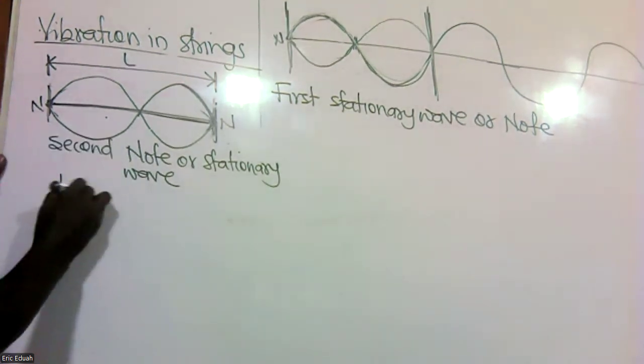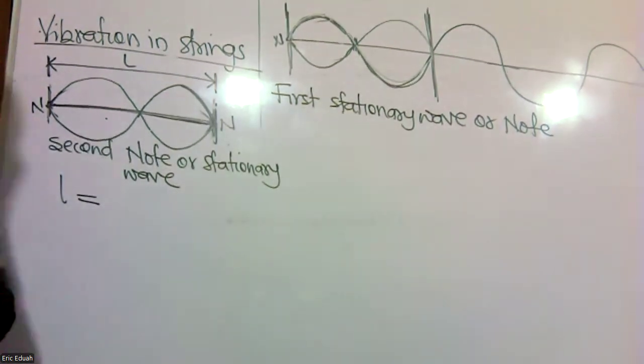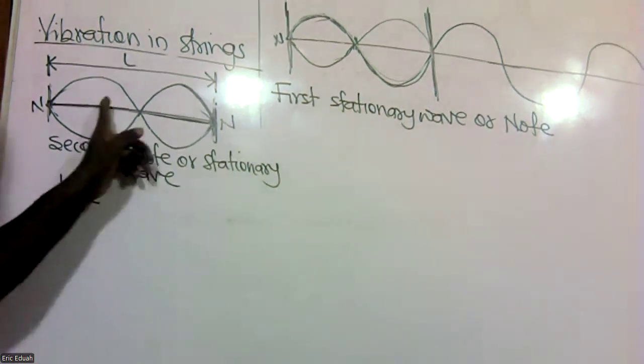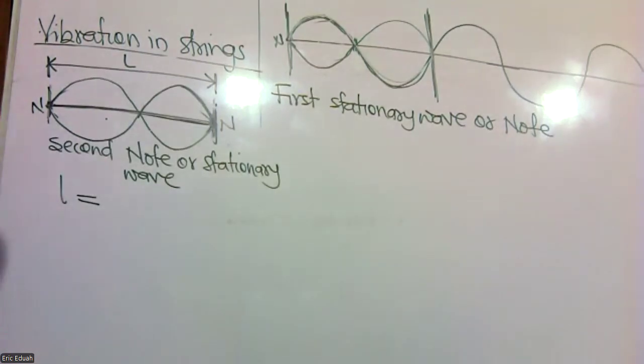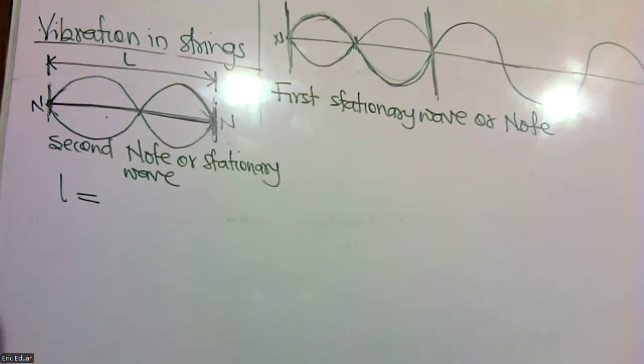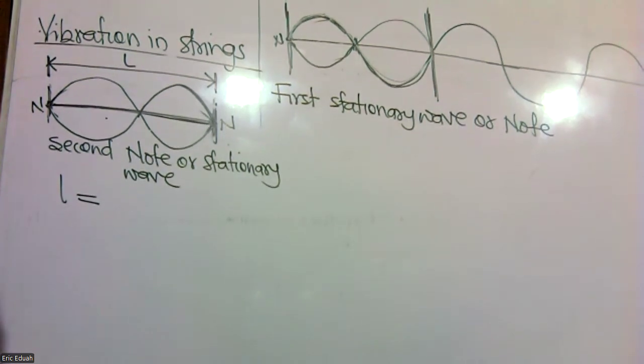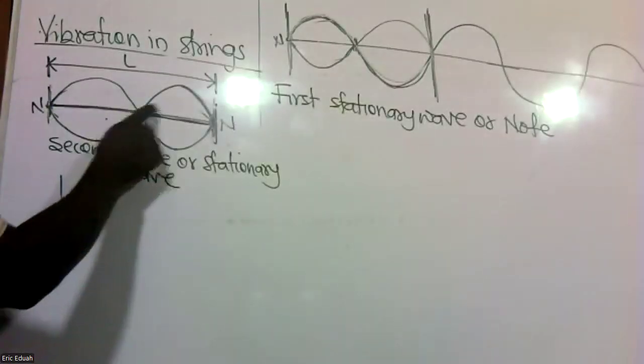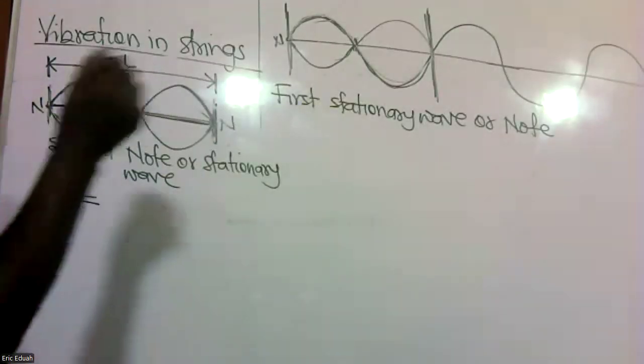L, the length of the string, is equal to... What's the wavelength of this? Calculate the wavelength of this note for me. Josephine, calculate the wavelength of this note for me. Sylvia, please, lambda. So this is half lambda, another half lambda. So 2 times half lambda.